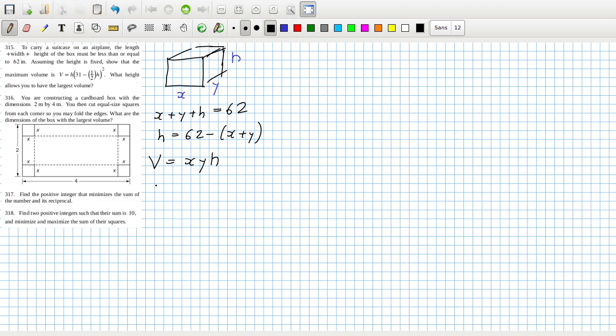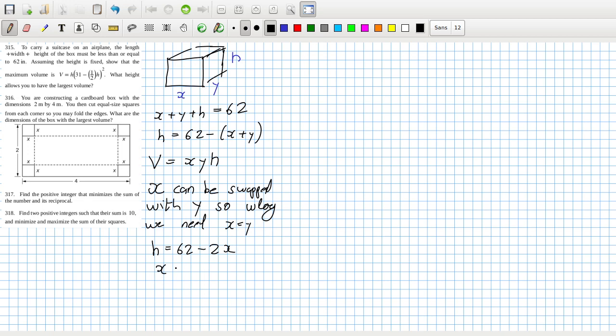So X can be swapped with Y, so without loss of generality, we need X to equal Y. So H would equal 62 minus 2X.